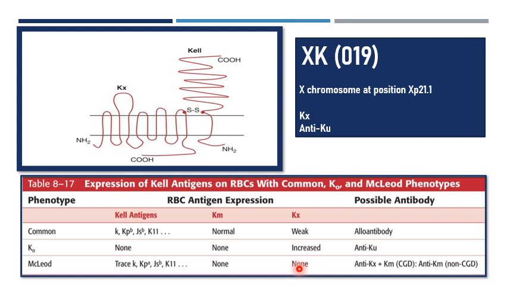So CGD is where children can die in overwhelming infections if not treated. McLeod males with CGD make anti-Kx and Km, and those who don't have CGD only make anti-Km.